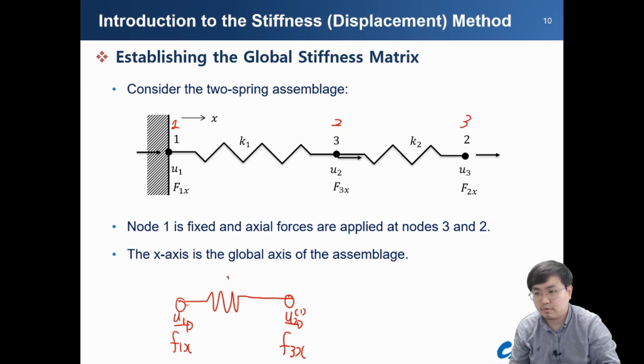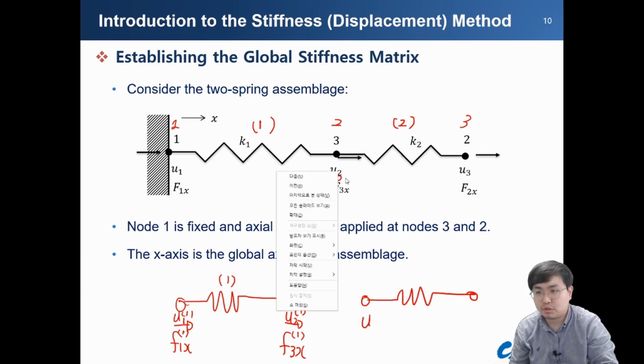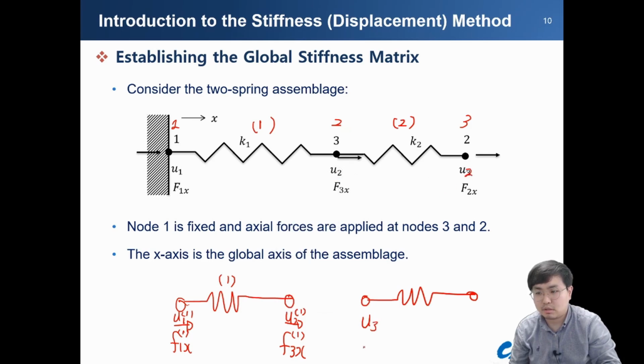This is the first element, this is the second element, so please add those kinds of upper characteristics. And for the second spring element, we also have something similar. We should use this one, 3, and then this one, 2.